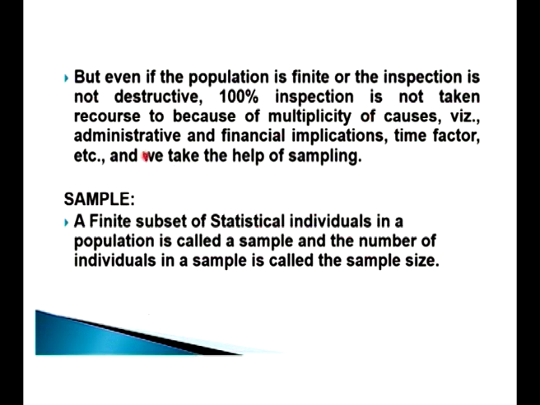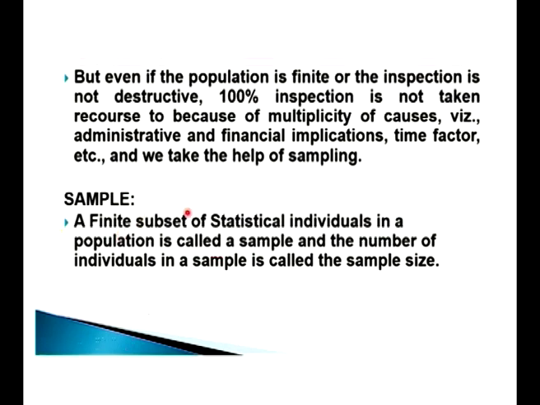What are those? First of all, administrative problems, then financial implications, and the time factor. Investigating an innumerable population is time consuming and a waste of time, and so on. So, we take the help of sampling. This is why we do the sampling procedure.